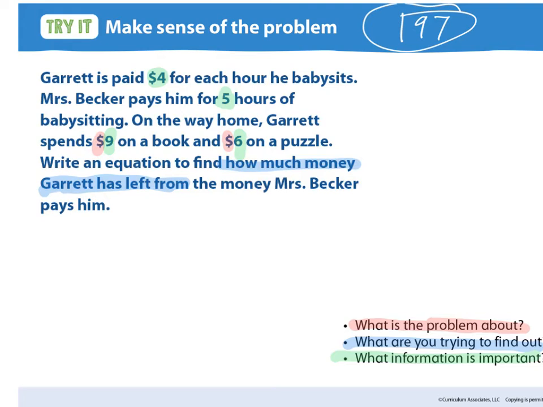Okay, so let's break this down. Think about the best way to solve this. Ms. Erickson will pause the video, work on this one, see if you can come up with an answer. You're going to have a couple parts here. You need to make sure that you have an equation, but also try to show your work.